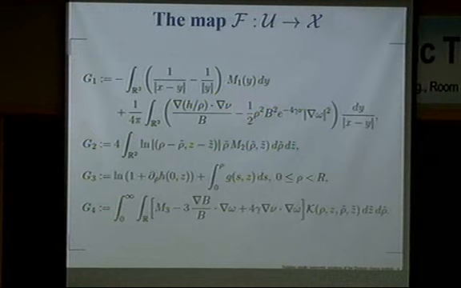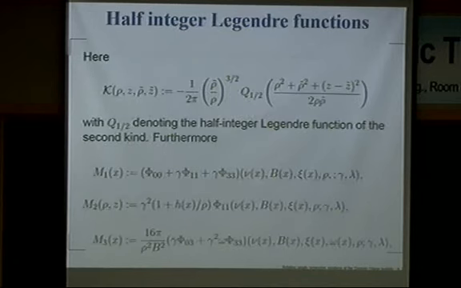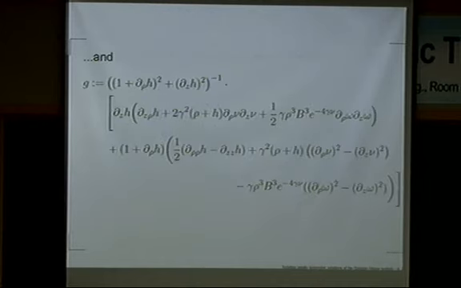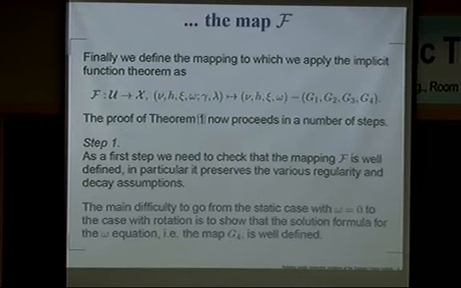Okay, so also in those expressions there were some matter terms, M1, M2, and M3, and there was this G function, and they are those huge expressions that we had before, and the G is just some kind of big expression in metric coefficients.